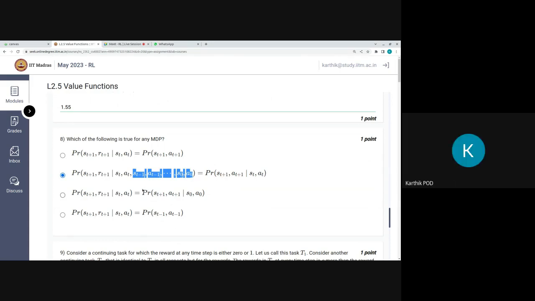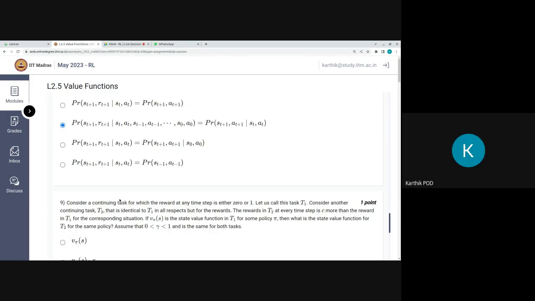So if you know what the present is, you know what the future is going to turn out like, and that doesn't depend on your history, or on your past. So that's essentially the Markov property, and that's what this problem is about. What is PR here? Probability, right? So PR is probability.